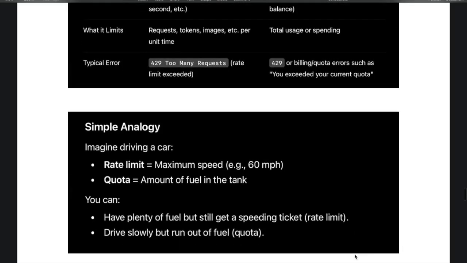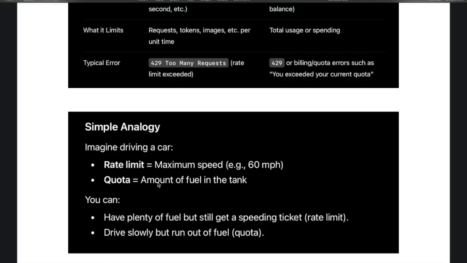So now let's see how to understand this. Let's say you're driving a car, and the car is your AI agent. Rate limit is the maximum speed for that road, which is per hour. Let's say the speed limit for that road is 60 miles per hour. That's the maximum speed. If you exceed that, you'll get a speeding ticket. That's the 429 error.